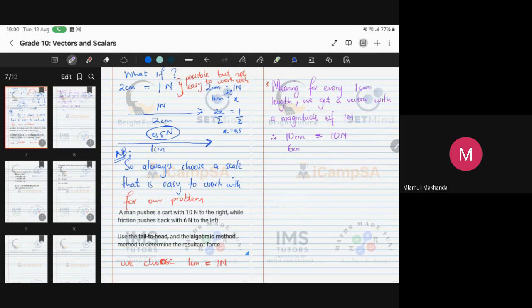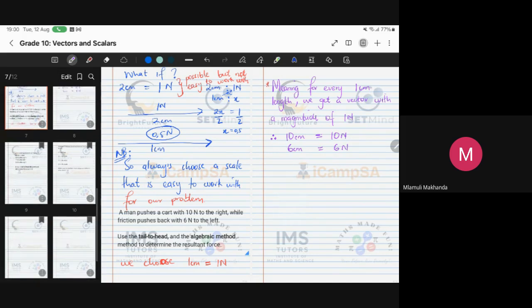And 6 cm would give us 6 newtons. So that's what you would do. So let's draw these vectors.